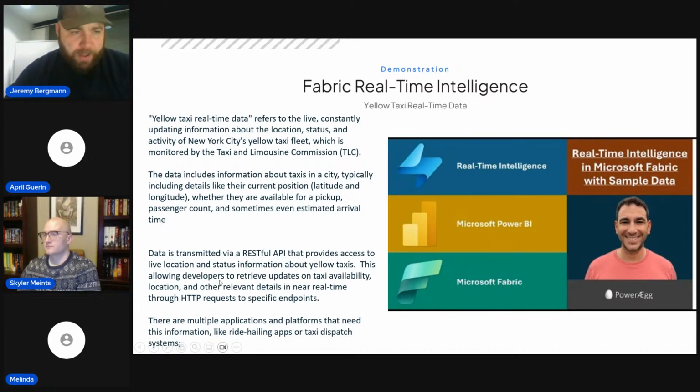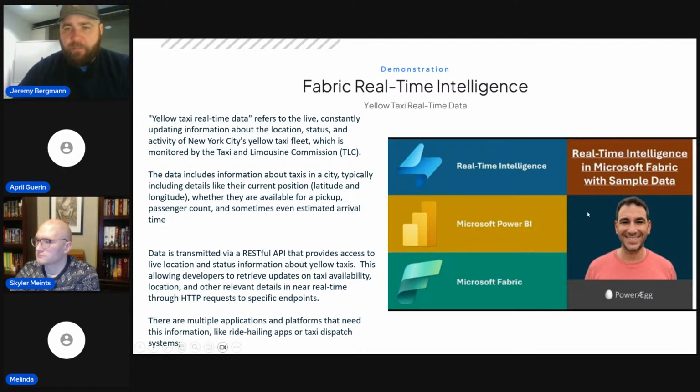So RESTful APIs provide location and status information about the taxis. They allow the developers to retrieve and update on taxi availability, location, and other things. There are multiple applications and platforms that need this system, like ride-hailing apps like your Ubers and taxi dispatch systems.